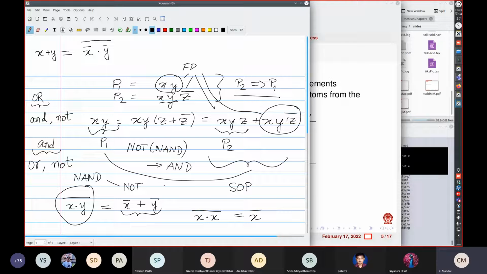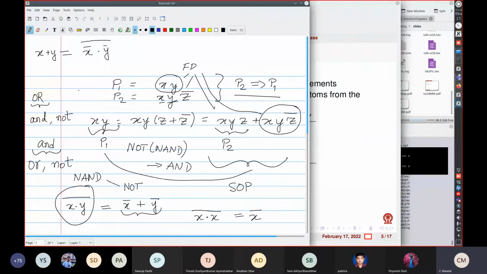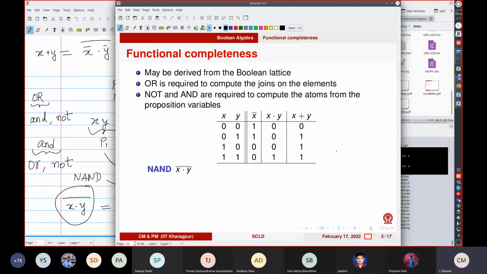So as you have seen, you can realize all the Boolean functions in a lattice using AND or NOT. So that establishes that NAND is enough. You can realize any Boolean function with just NAND. Is that okay?